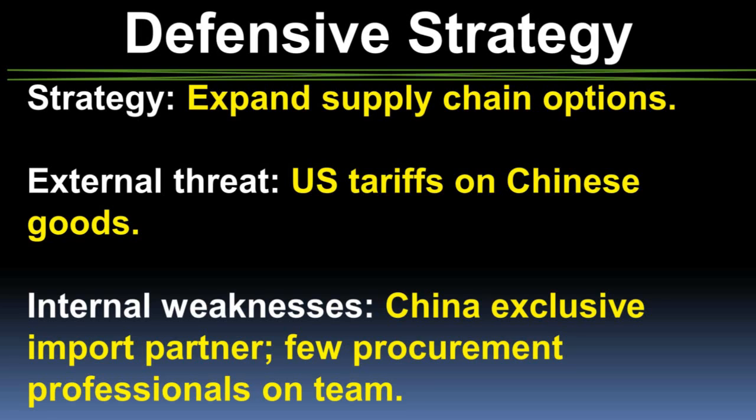The company strategically decided they needed to expand their supply chain options, most notably in other low-cost producing regions of the world. This new strategy addressed the internal weakness that China was currently their exclusive import partner, and they employed few procurement professionals. So tactically, the company knew they needed to find experts to source goods in countries like India.